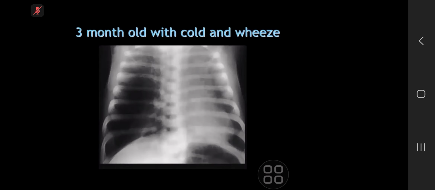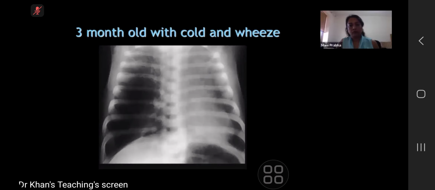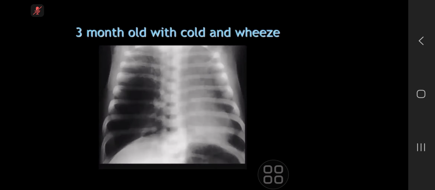Okay. So I've got a frontal chest radiograph in a 3-month-old in which I can see there is increased opacification of the left hemithorax, and the right hemithorax appears hyperlucent when compared to the left. I can see there's some mediastinal shift.